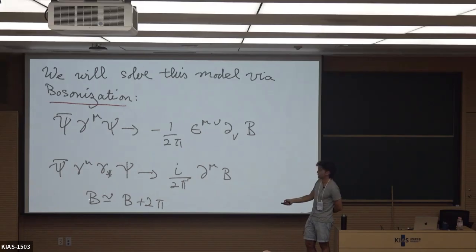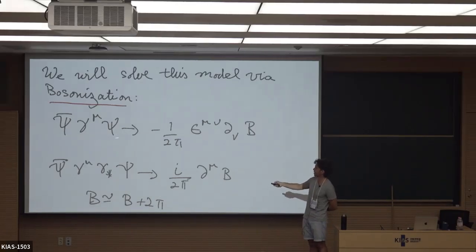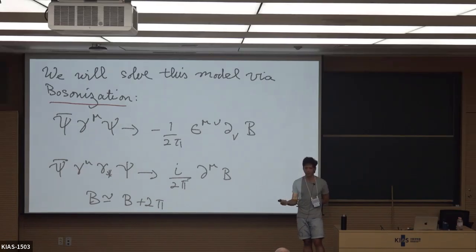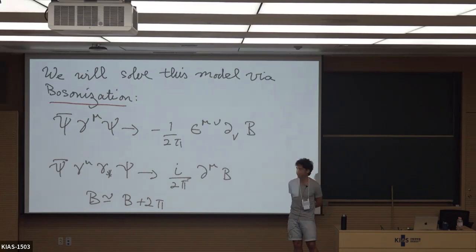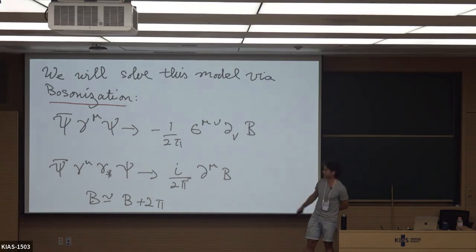And this B is a compact scalar. B is identified with B plus 2 pi. You can see that because these currents only depend on derivatives of B. The zero mode of B doesn't ever appear in the bosonization map. And for this map to work, you actually need B to be compact. The size of the scalar zero mode is 2 pi.